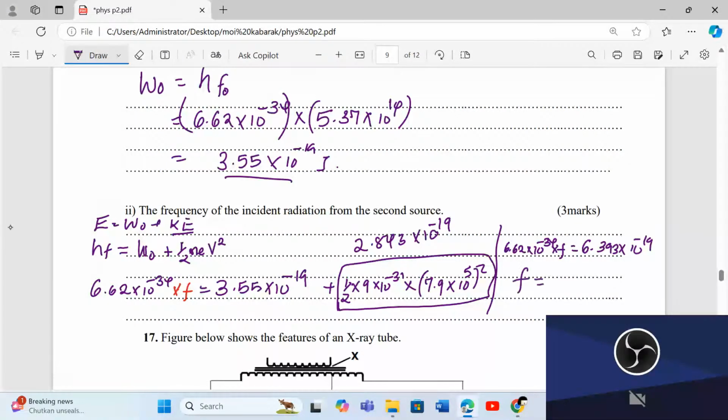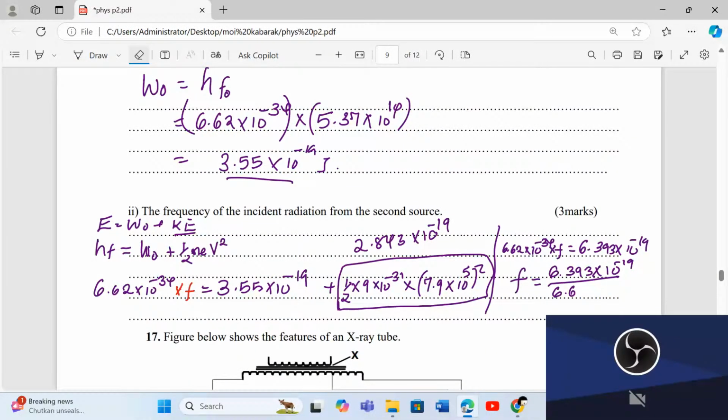Therefore, making f the subject of the formula, we have 6.393 times 10 raised to power negative 19 divided by 6.62 times 10 raised to power negative 34, which gives 9.657 times 10 raised to power 14 hertz.